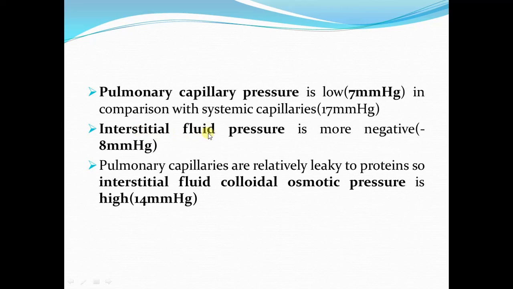The interstitial fluid hydrostatic pressure in the lungs is more negative as compared to the systemic circulation. The value of interstitial fluid pressure is -8 millimeter of mercury in pulmonary circulation.